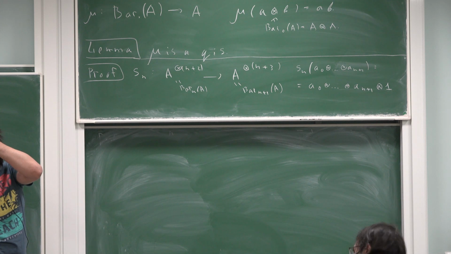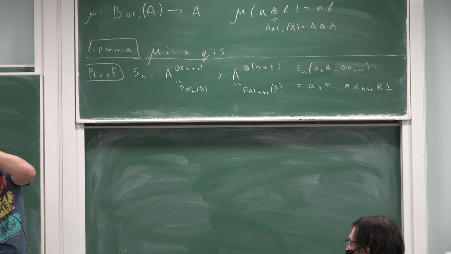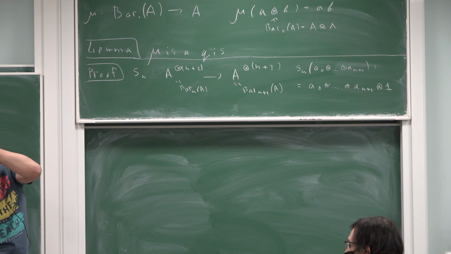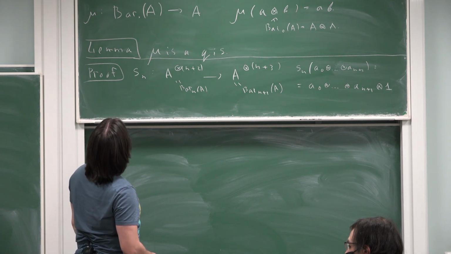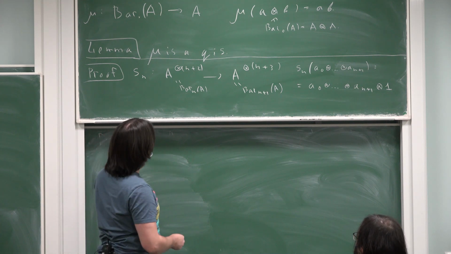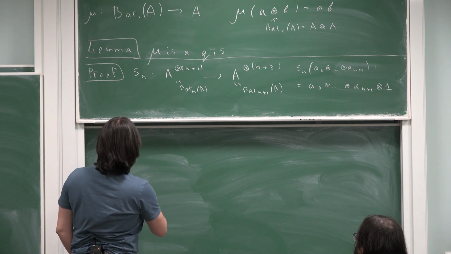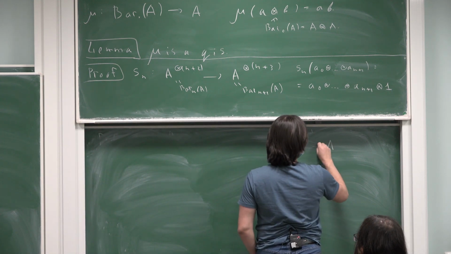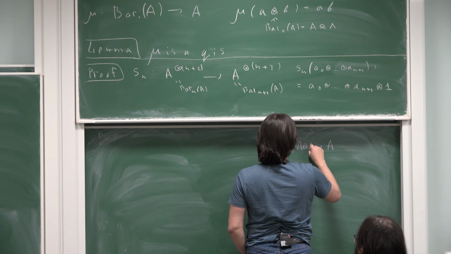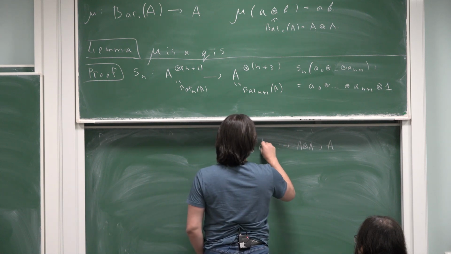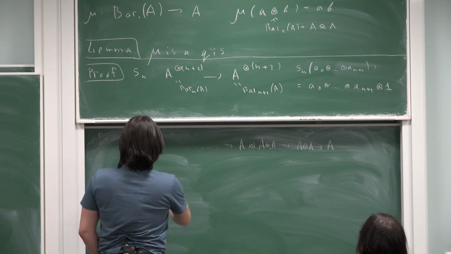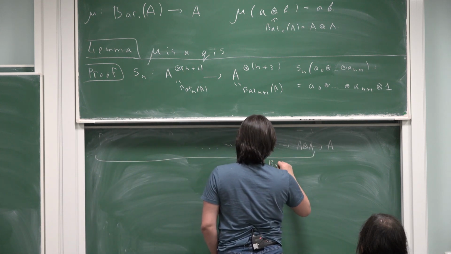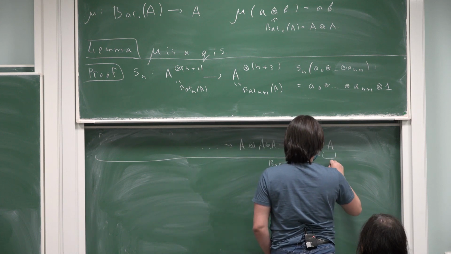Now we need to check that s_n is a homotopy, which is called a contracting homotopy, for the complex bar dot of A mapping to A, where this part is bar and this is simply A, with mu.